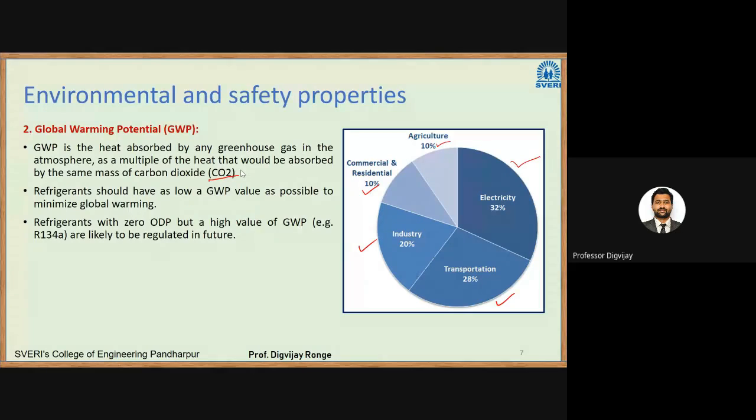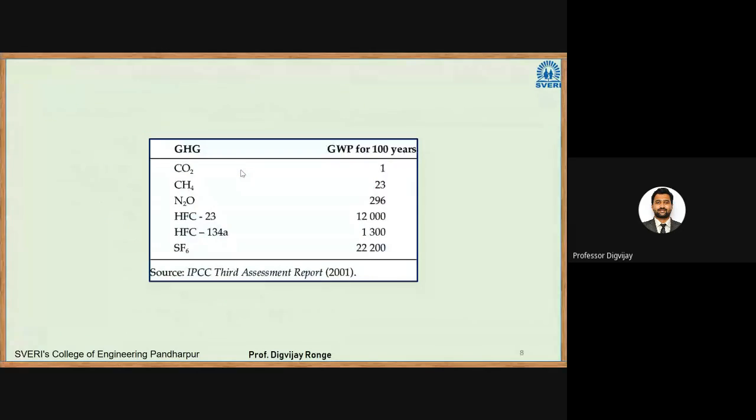So it should have low GWP. Also, it should have zero ODP. Okay, ODP should be zero, but GWP we cannot make zero, so that should be as low as possible. Okay, so I'll just show you that table. Then we can go for another term.